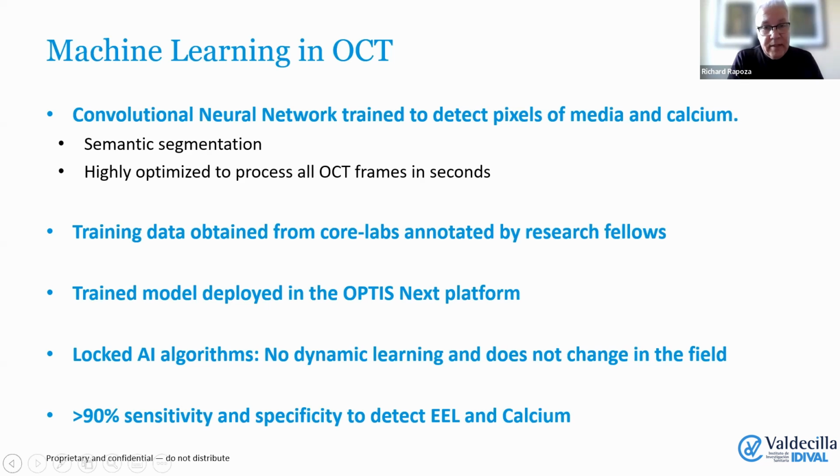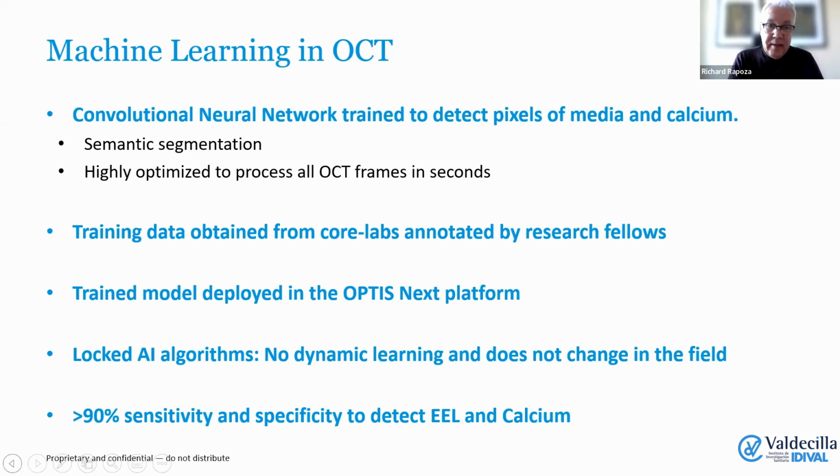Training data obtained from core labs, annotated by research fellows, was used in all of these algorithms. We had hundreds of pullbacks from patients in a database, primarily from earlier Illumien trials where the data was stored in core labs.